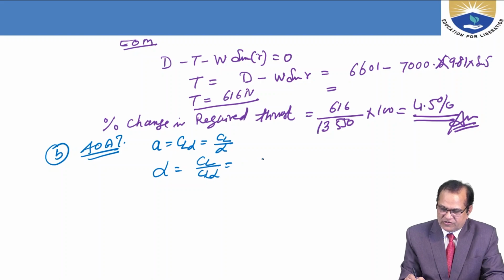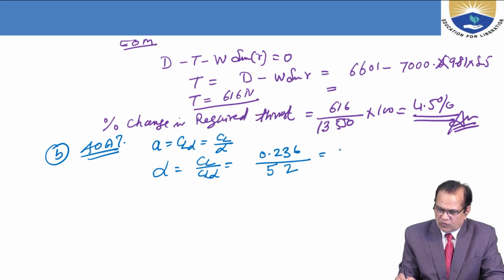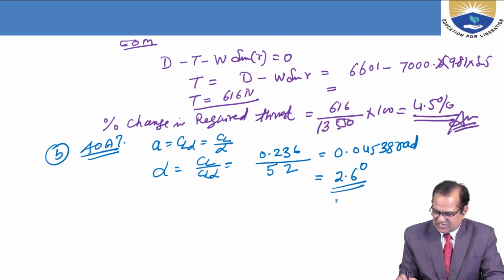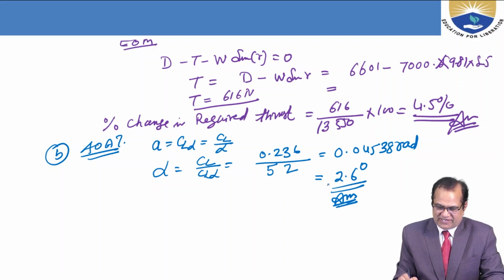CL we have found out, and it is 0.236, and CL alpha is given in the question as 5.2 per radian. So we will get 0.04538 radian, and this we can make it 2.6 degree. So this is another answer which we have got.